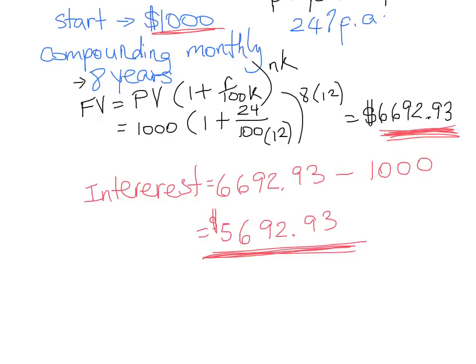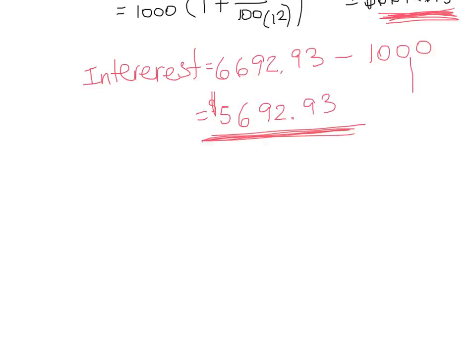Now, we can go a step further with this, and we could actually back solve for any of the values. Actually, let's do a new question. All right. So now, in my new question, I'm going to tell you how much I end up with. Let's have our future value at $8,000.